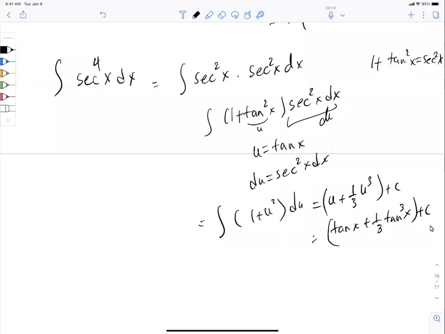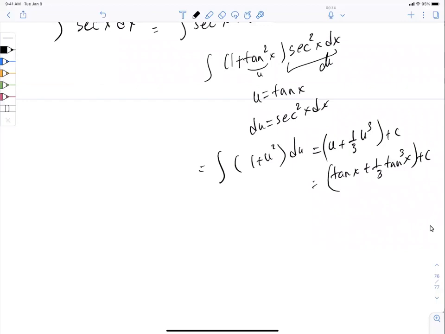So again, if it's an even power, you peel 2 to create your du, convert the remaining, which is also going to be an even power, to tangent, and you let u be tangent of x. Okay, so even powers of secant, unlike sine and cosine, where even powers were unpleasant, for secant even powers are actually not too bad. Now, how about odd powers?